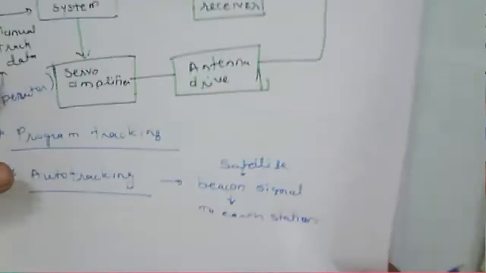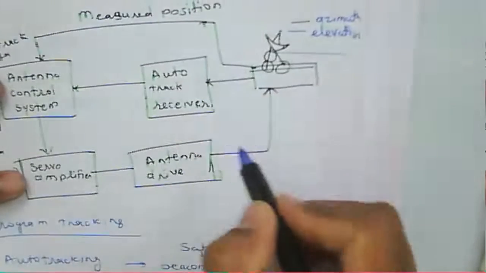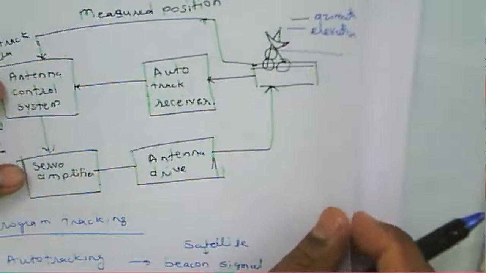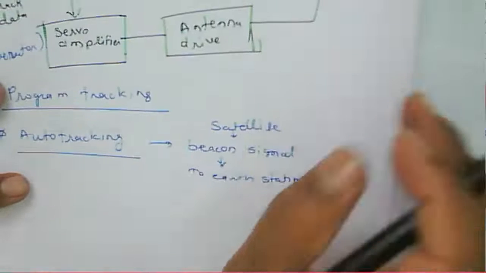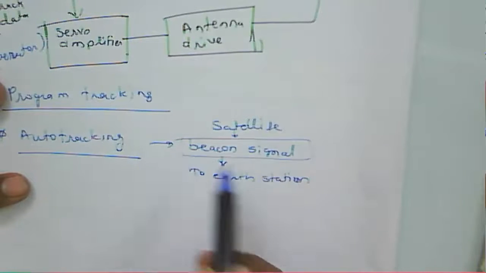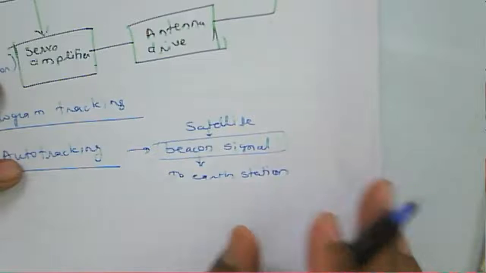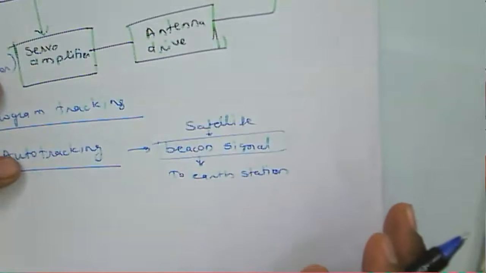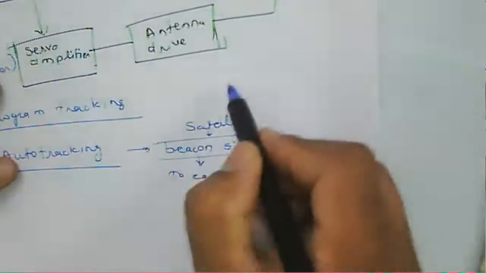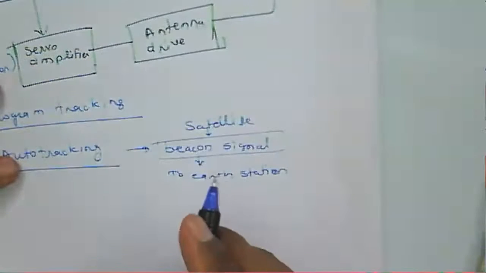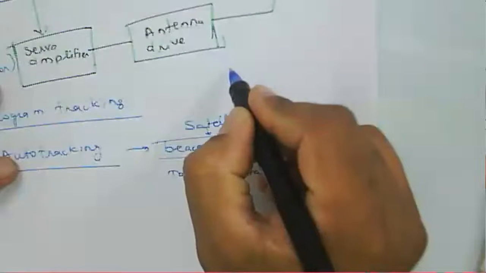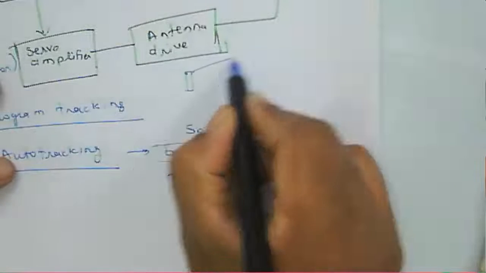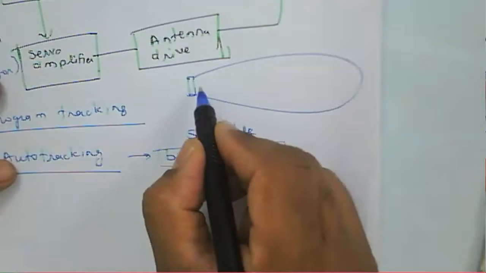And then according to that, whatever parameters of the antenna need to be changed, or we can say that based on this beacon signal level, we can find out what the position of the antenna is, whether it is directed toward the satellite. Generally we say that the radiation pattern of an antenna is like this.